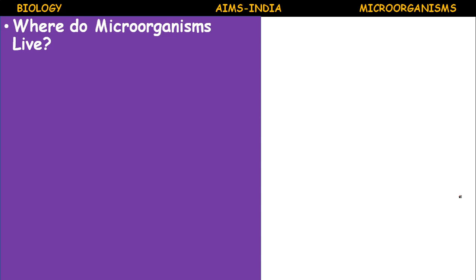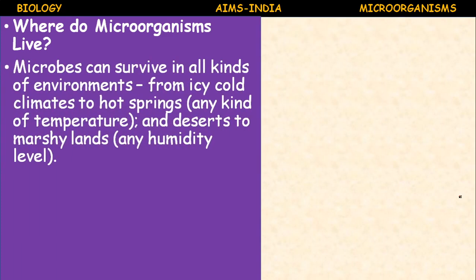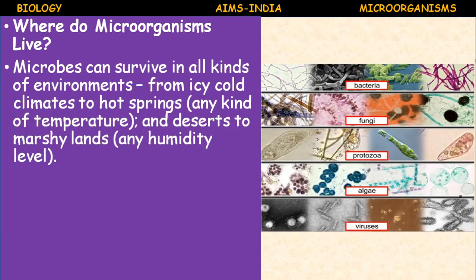Let us discuss. The microbes can survive in all kinds of environments, from icy cold climates to hot springs, any kind of temperature, and even deserts to marshy lands, meaning any humidity level. The microorganisms can survive anywhere.